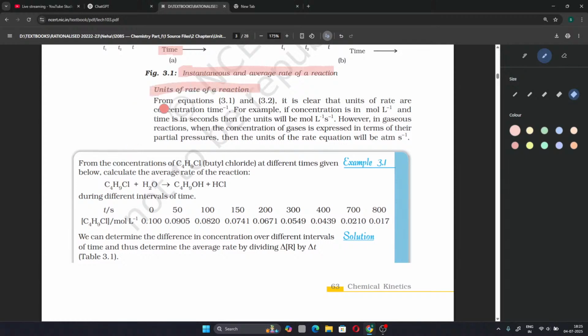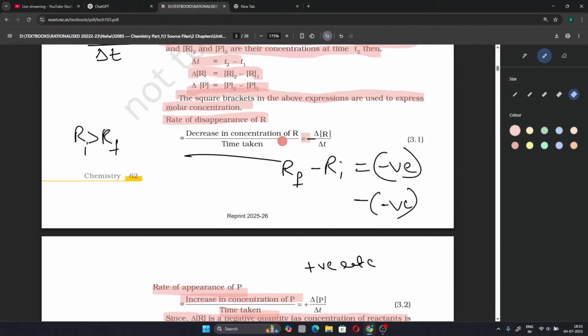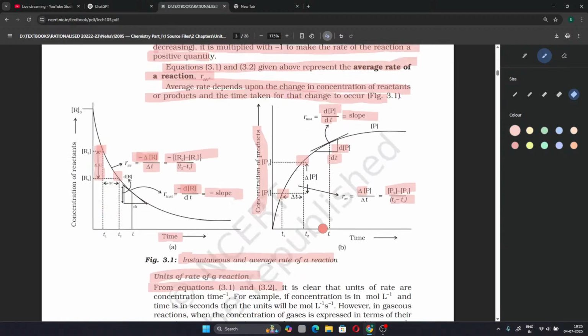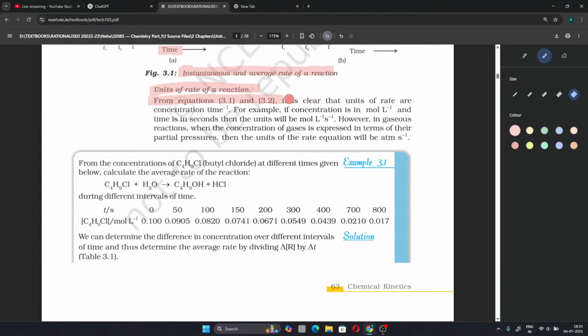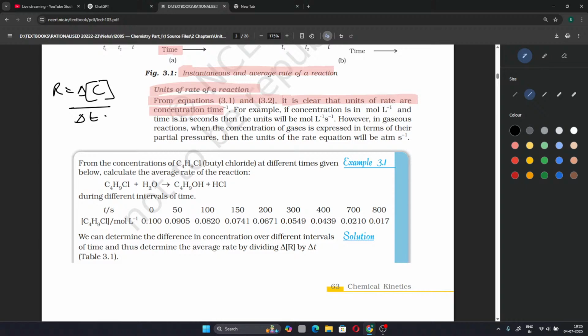Units of rate of a reaction, from equations 3.1 and 3.2. The equations are minus delta R by delta T and delta P by delta T. It is clear that units of rate are concentration per time. When we saw that rate equals change in concentration by change in time, if we want to find the unit of rate, it will be concentration per time.